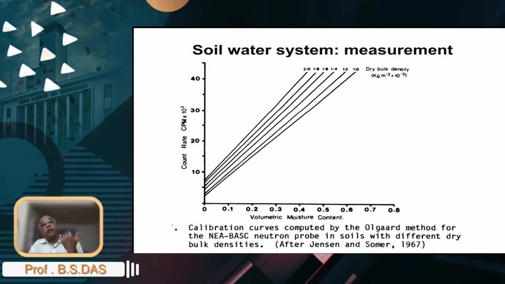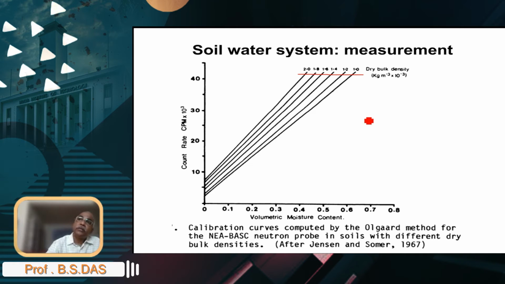Another important aspect of these neutron probes is that soils typically have different bulk densities. In the same soil, you could have different densities depending on the level of compaction. The volumetric water content as a function of the count ratio, these linear standard curves, depend on these densities, so the condition of the soil would change the standard curves.